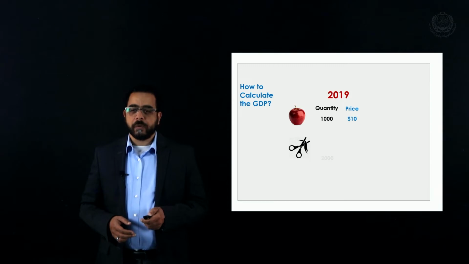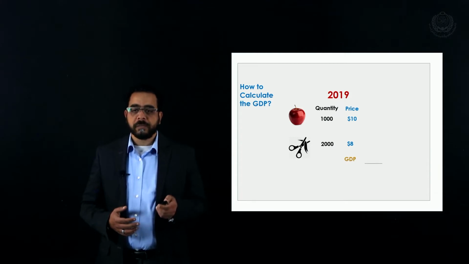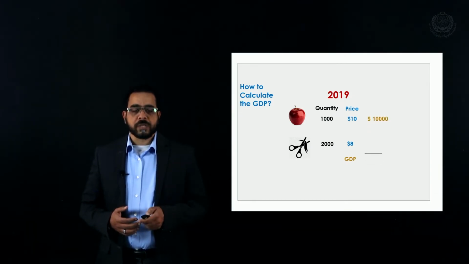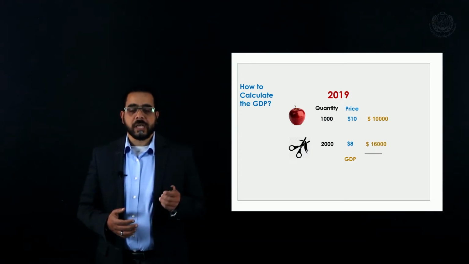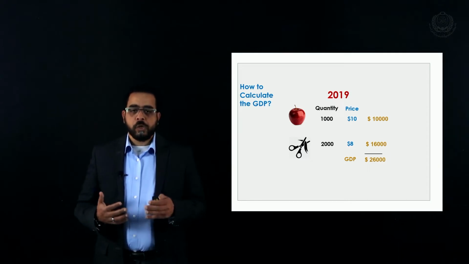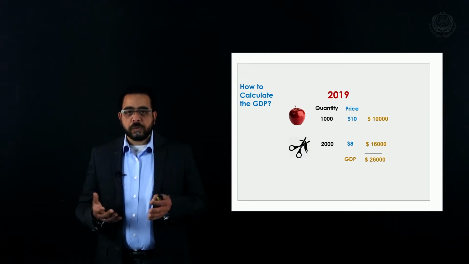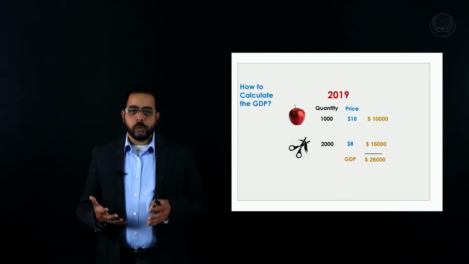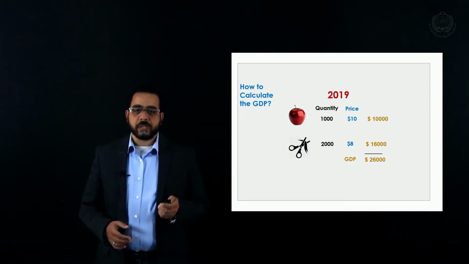They also spend their money over haircuts, 2,000 haircuts at the price of $8. So the total will be $10,000 in apples and $16,000 in haircuts, and the total GDP will be 26,000. Usually on the ground, when we calculate GDP, we use both the quantities and the prices of production.